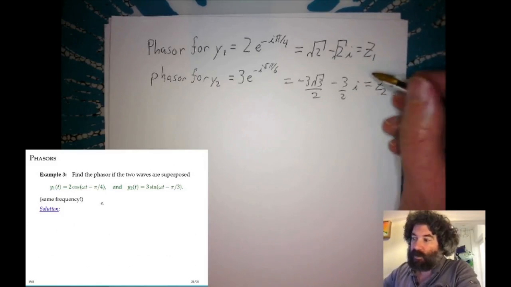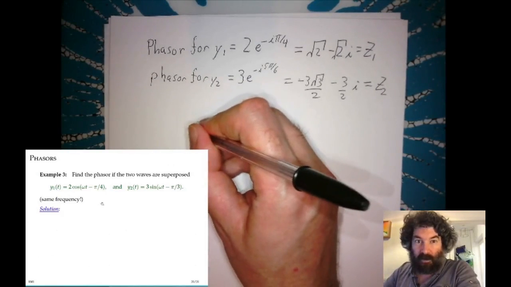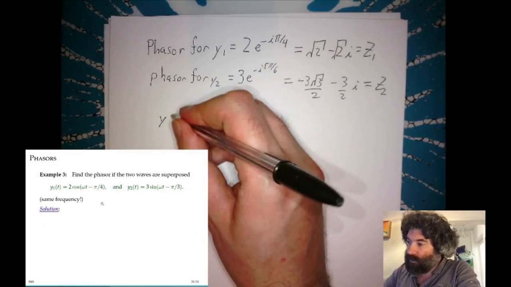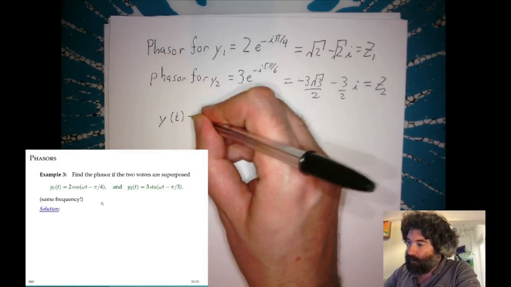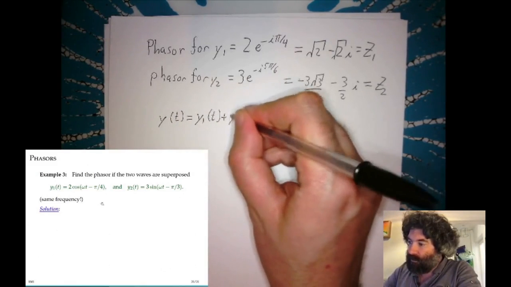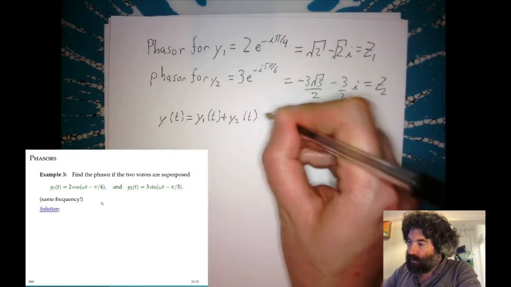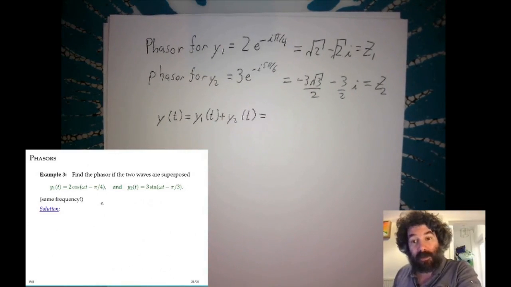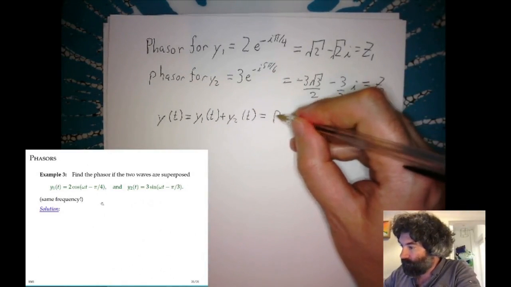All right, and so now we have that a new sinusoidal function is given by the sum of these two, the superposition we call it. y is y1 of t plus y2 of t. And y1 is the real part of the phasor times e to the i omega t.